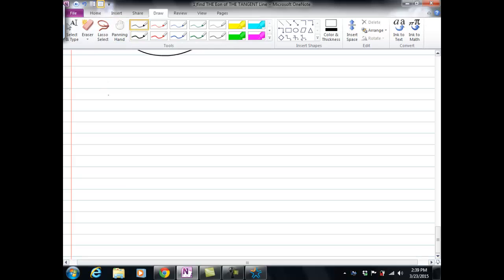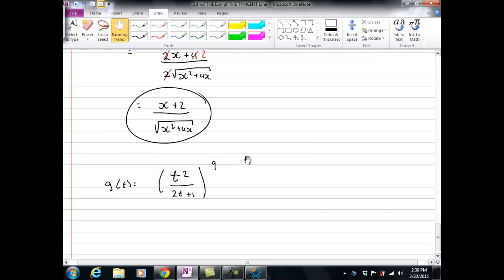Find the derivative. g of t equals t minus 2 over 2t plus 1, to the power of 9.